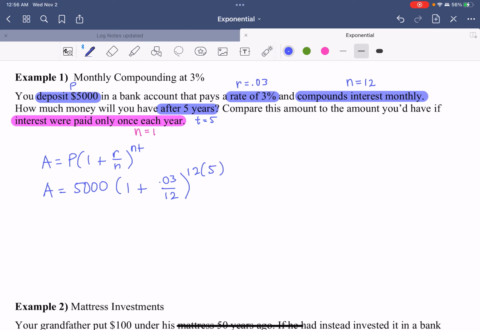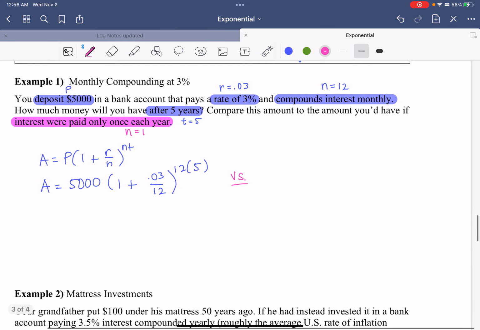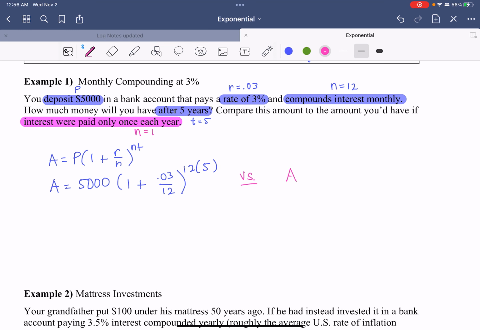That's for the purple one. Then we're going to do versus, because the problem changes to N equals 1. Everything else stays the same, but N is now 1. So we have 5,000 times 1 plus 0.03 over 1, to the power of 1 times 5.